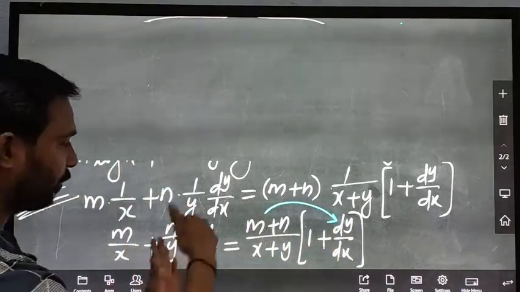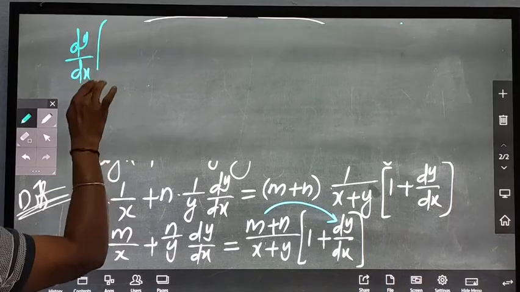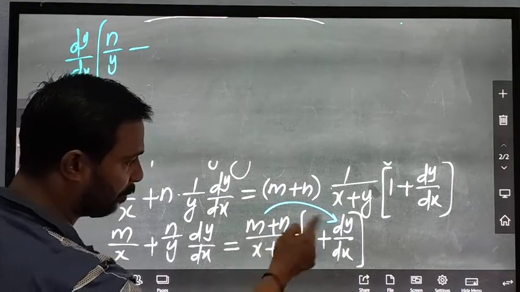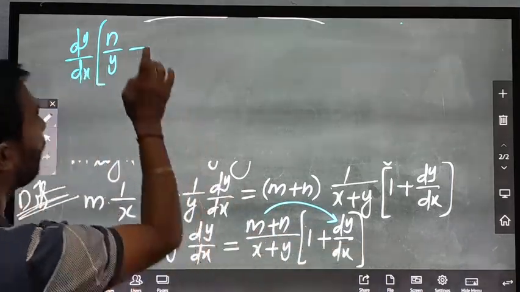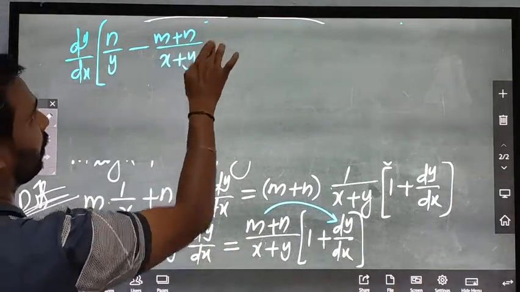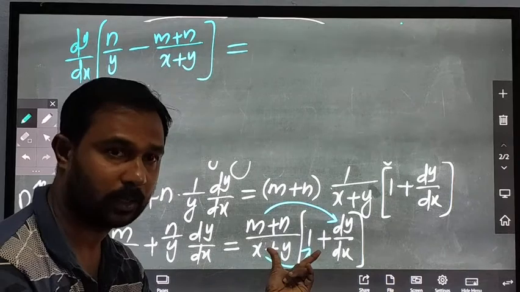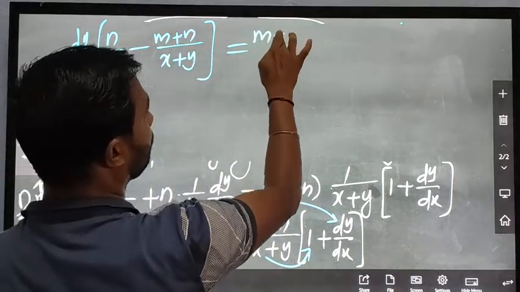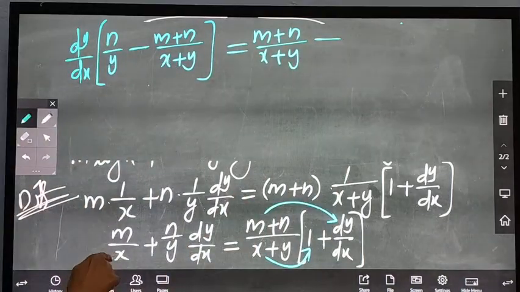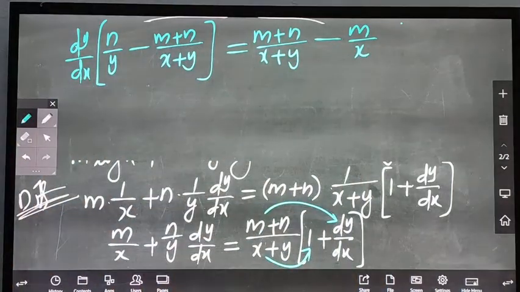So collecting, let us take this side: dy by dx into, here the term is n by y minus, here it is m plus n divided by x plus y, equal to what are the terms to the right side? This term will stay on the right side itself: m plus n by x plus y minus this term goes there, so it is m by x.